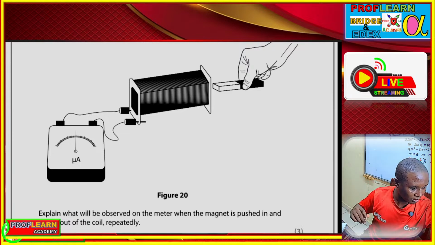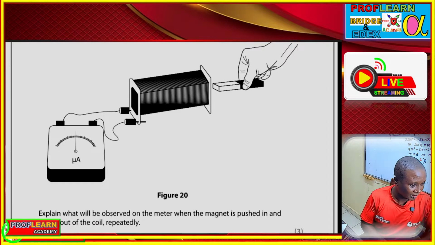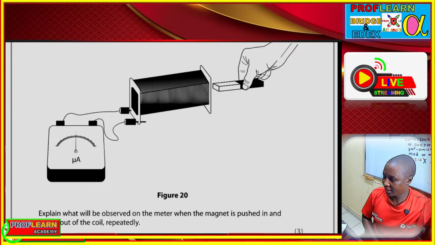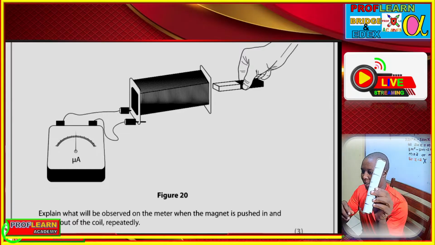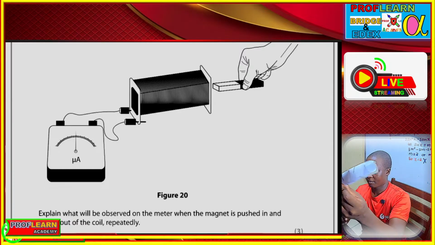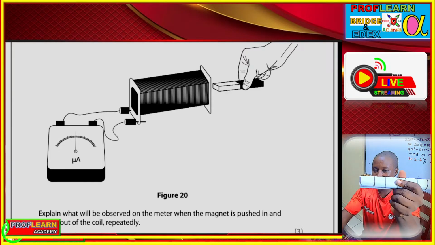Let me just illustrate this so that I can explain what I'm trying to say. So we have coils here. Now assume we have these coils here. I have different coils there, and then I have a magnet.